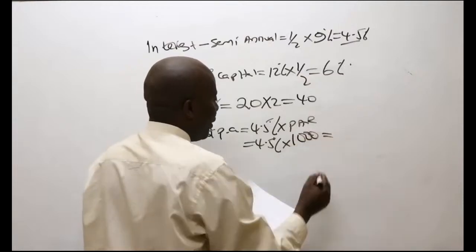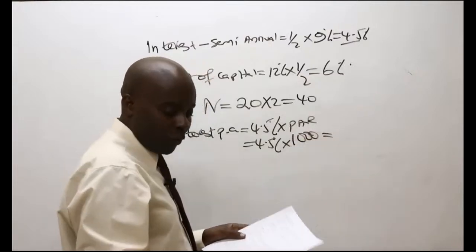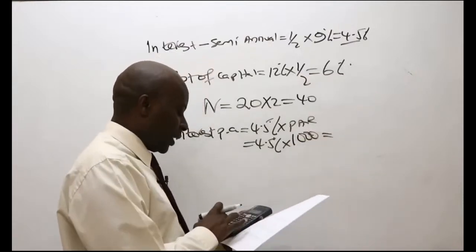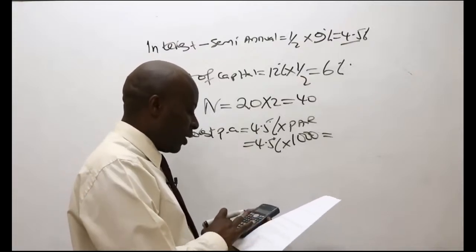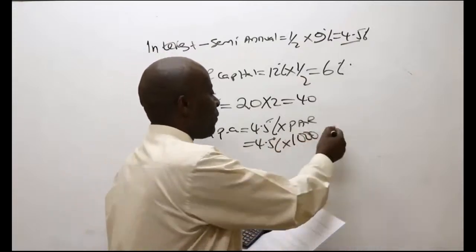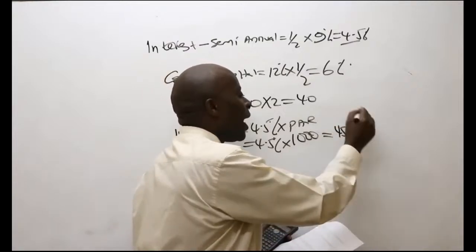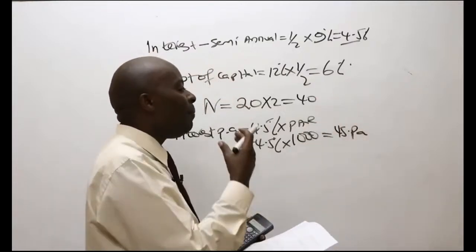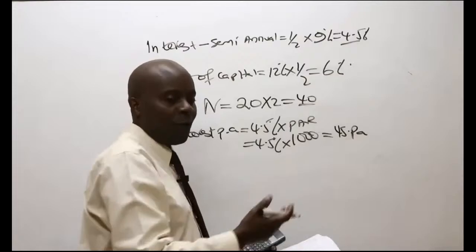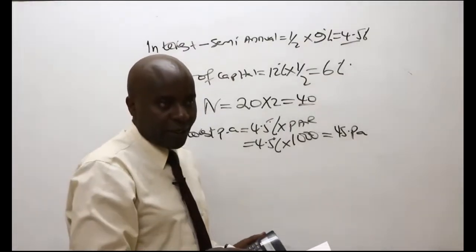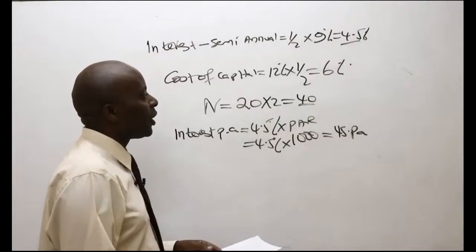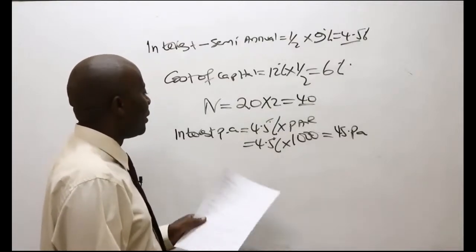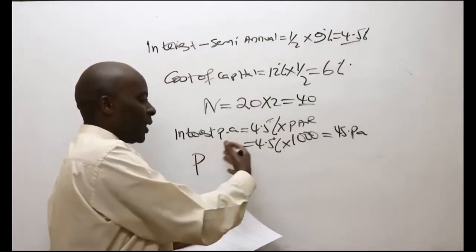So 4.5 times 1,000 divided by 100 will give me 45 bob every period, for 40 periods. So straight away, ladies and gentlemen, we come and give the PV, because this is an annuity.